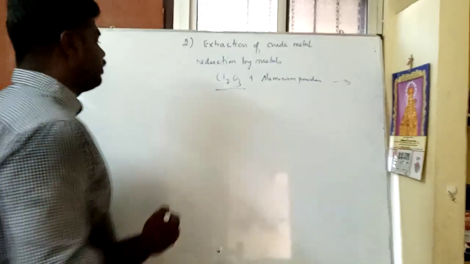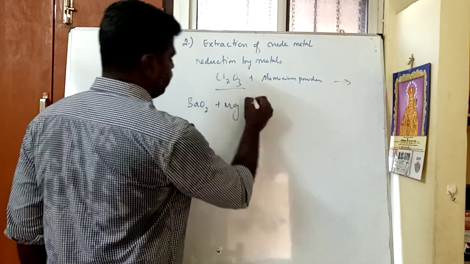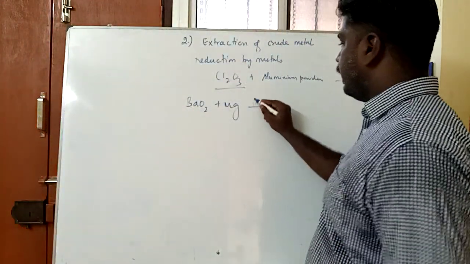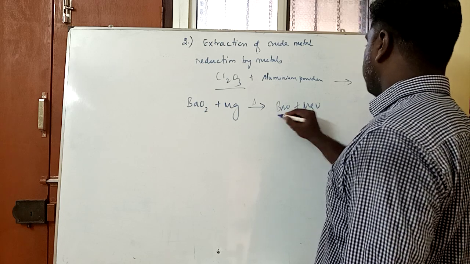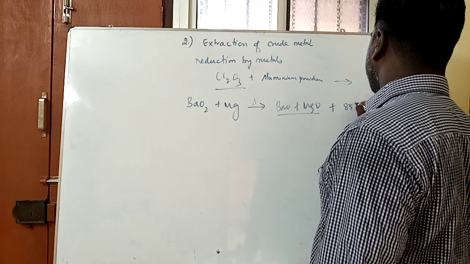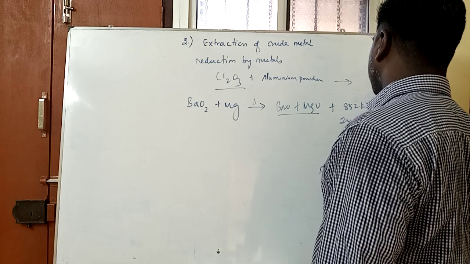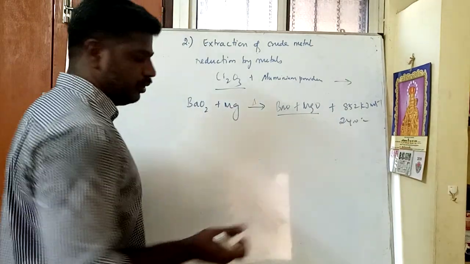So in order to develop heat, we must add barium peroxide and magnesium powder. While heating, this becomes barium oxide plus magnesium oxide. It produces 852 kilojoules per mole of heat, with a very high temperature produced.